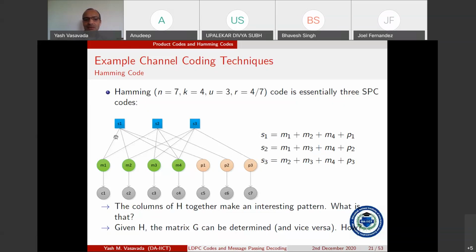So this SPC code, the supervisor 1, is the supervisor of C1, C2, C3, and C5. The second supervisory node is a supervisor of C1, C3, C4, and C6. And then the third supervisory node is C2, C3, C4, and C7.